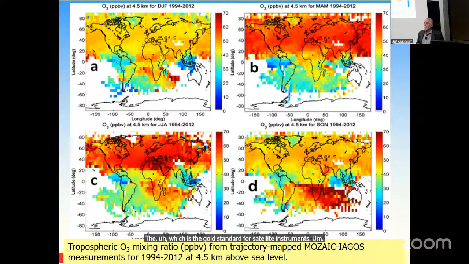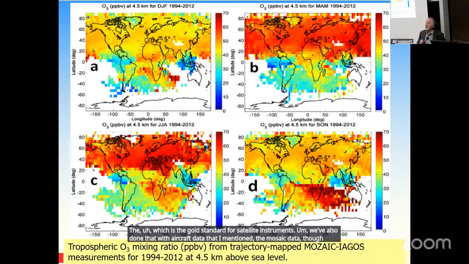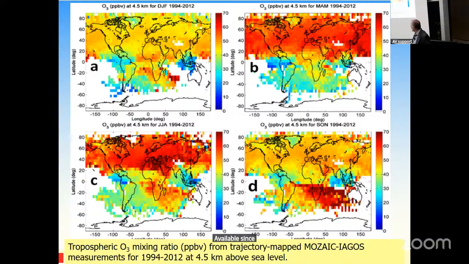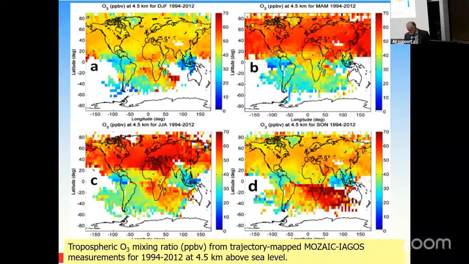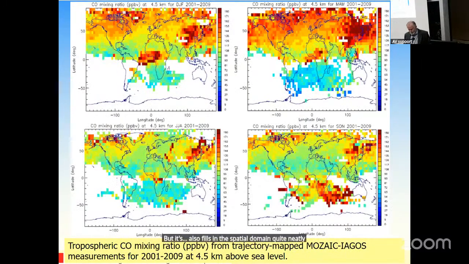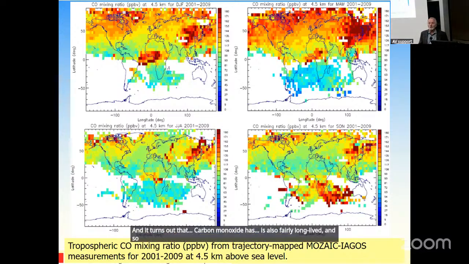We've also done that with aircraft data that I mentioned. The MOZAIC data, although we just started in Canada, has been available since 1994. And you don't get quite a global picture because they don't fly to Antarctica, unlike the sondes. But it also fills in the spatial domain quite neatly. And it turns out that carbon monoxide is also fairly long-lived, and so those carbon monoxide measurements can be turned into global maps.